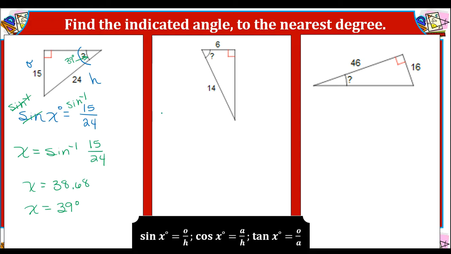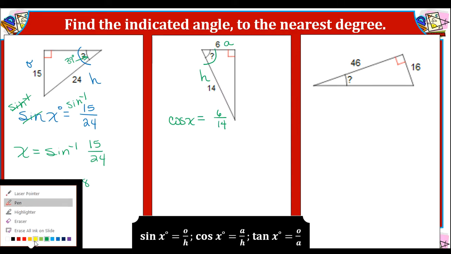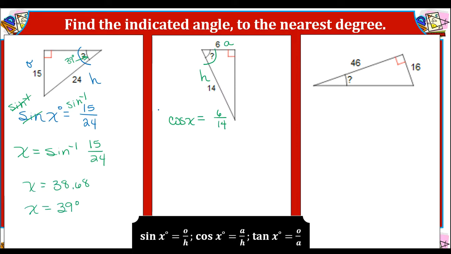Okay, the next one. For our referenced angle, we don't know the opposite, but we know the adjacent and we know the hypotenuse. So adjacent over hypotenuse is going to be cosine. So the cosine of some angle is equal to 6/14. We are going to undo cosine by taking the inverse on both sides.